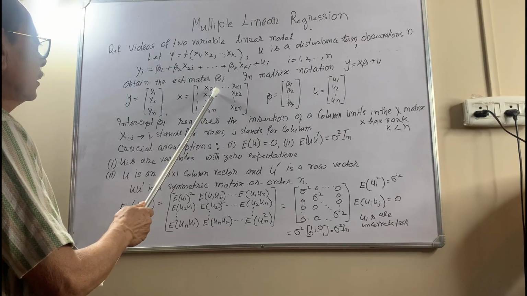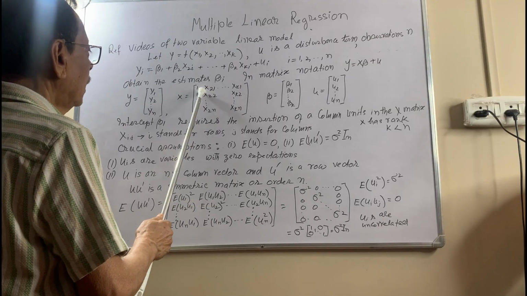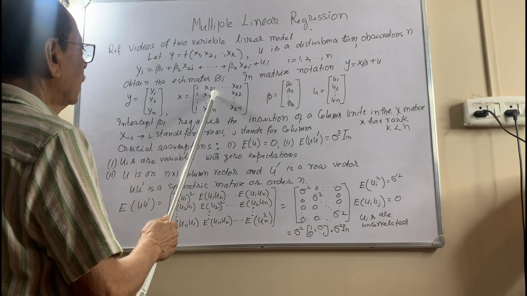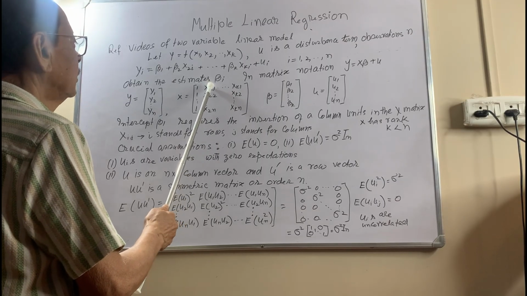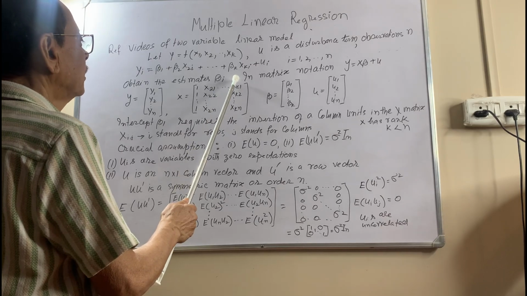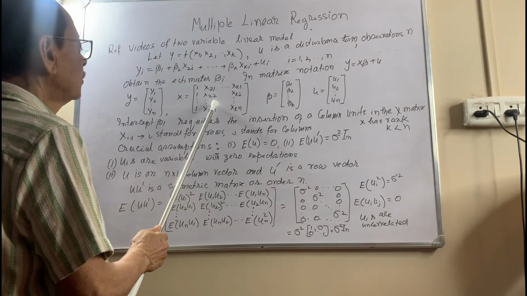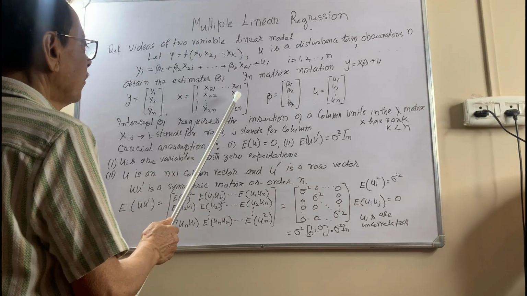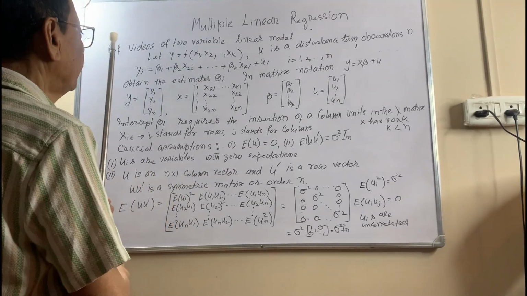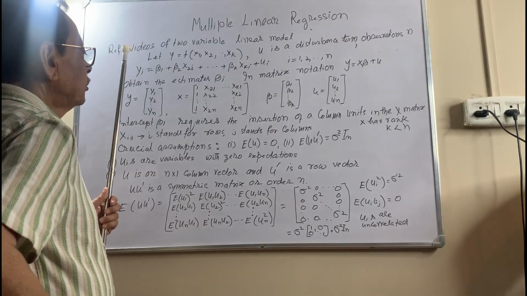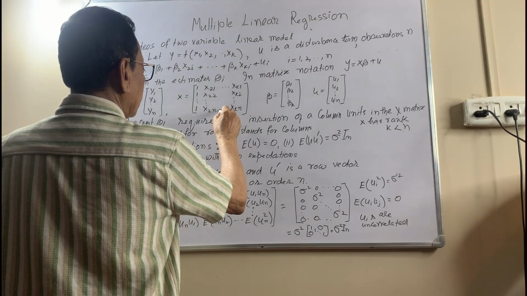Then x2,1, where suffix 2 stands for the second variable, first row, and so on to the kth variable, first row. Then x22, second row, second variable, and so on. So there will be n observations for k independent variables.